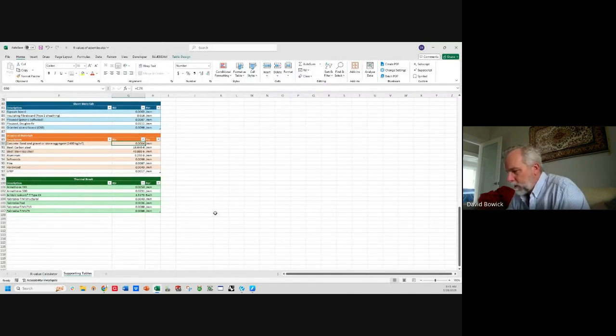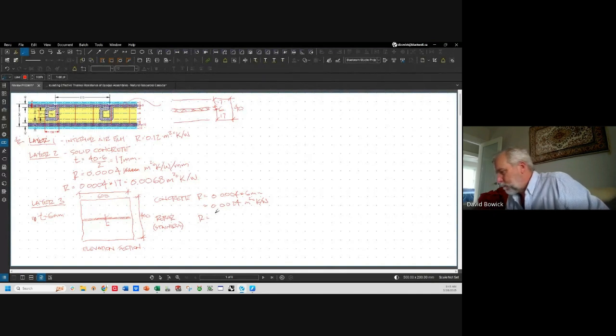Structural materials, stainless steel is the third one down, 49.88 times 10 to the minus 6 meters squared degree Kelvin per watt per millimeter.